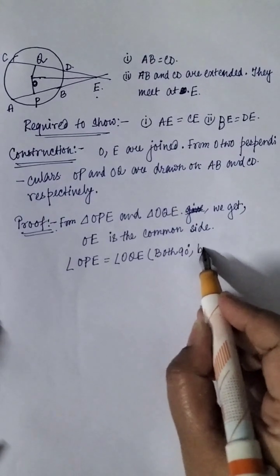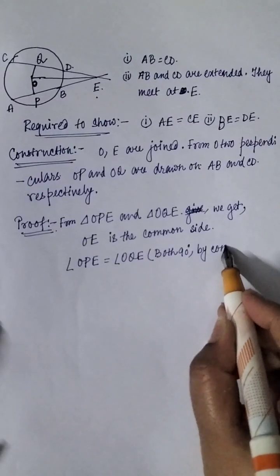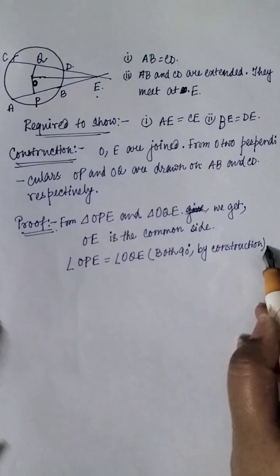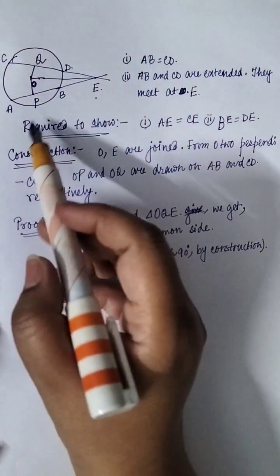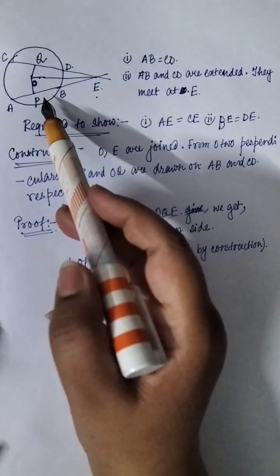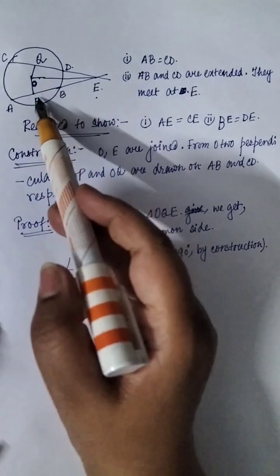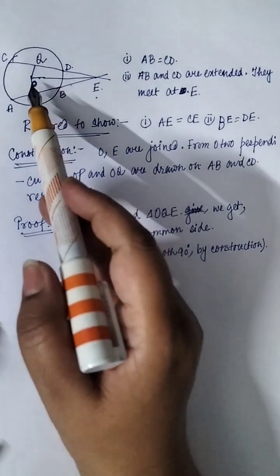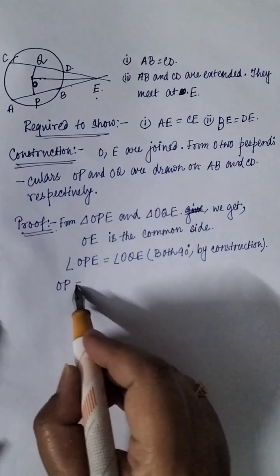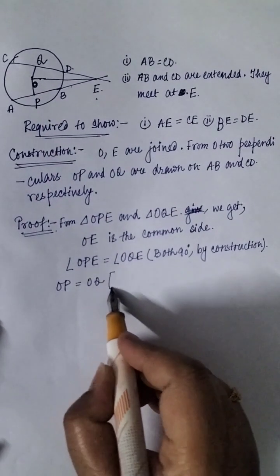By construction. Thirdly, equal chords are equidistant from the center. So OP and OQ are distances from the center to the chords AB and CD respectively. So of course OP equals OQ. State the reason for it.